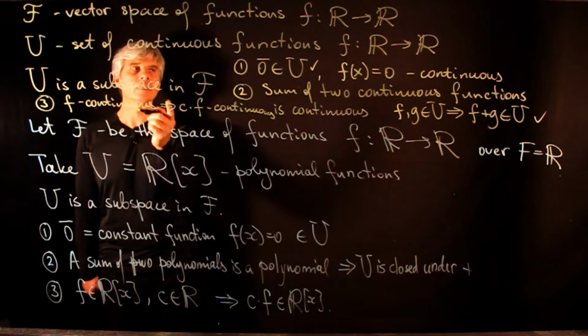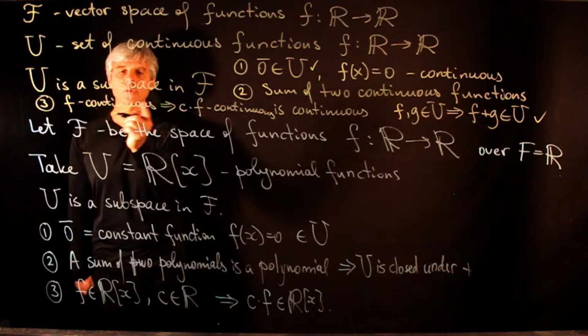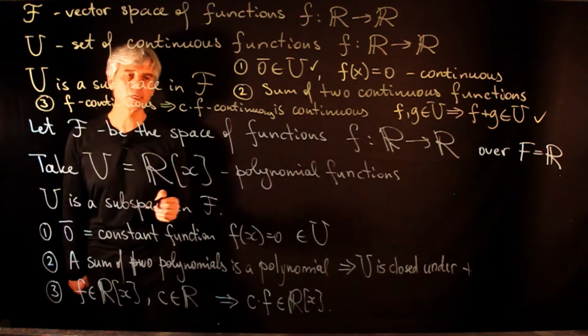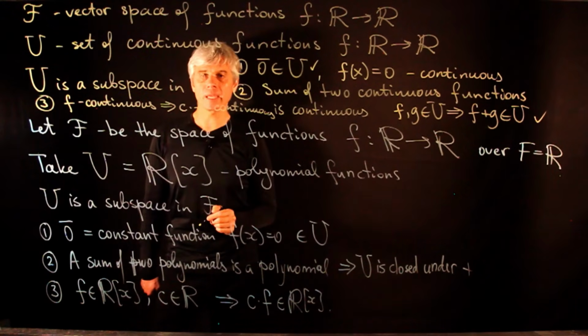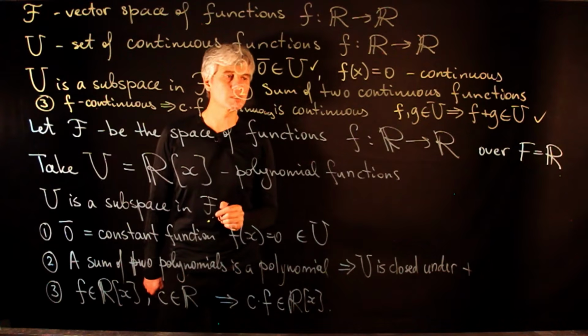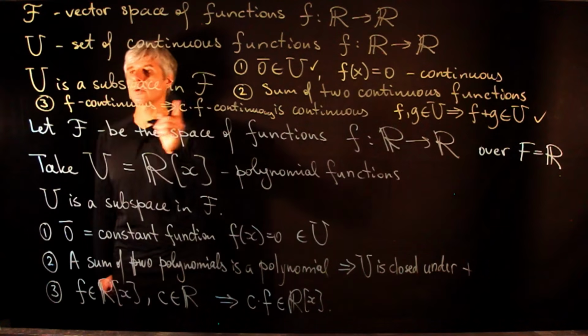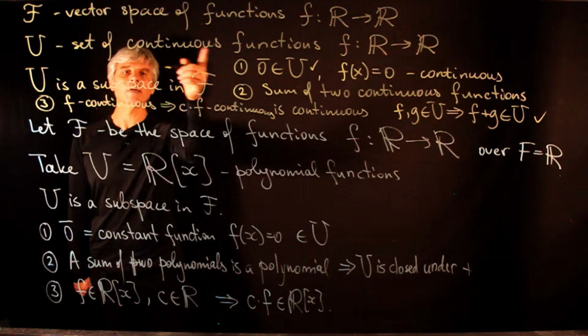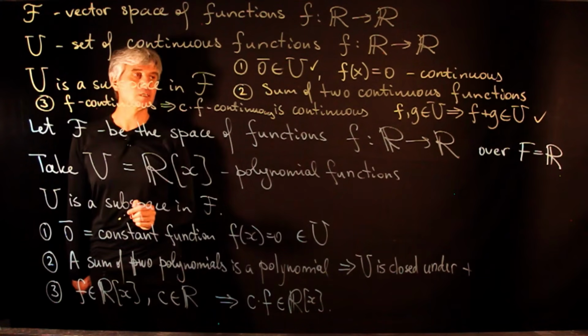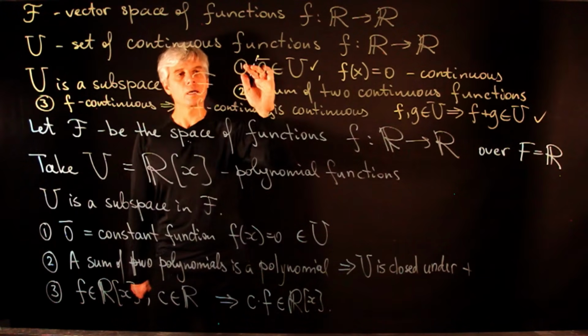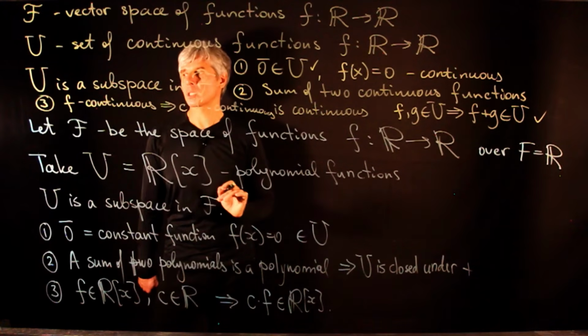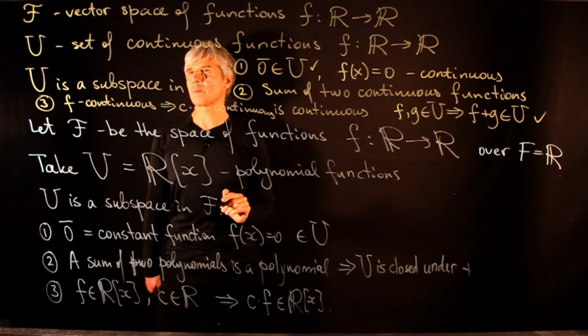So if we take an element from U, a continuous function, and multiply it by any real number, the result is a continuous function. And so this subset of continuous functions satisfies all three properties of a subspace, so it's a subspace.